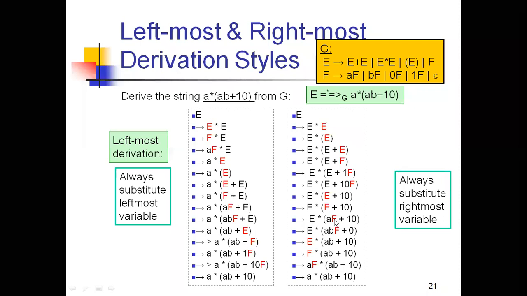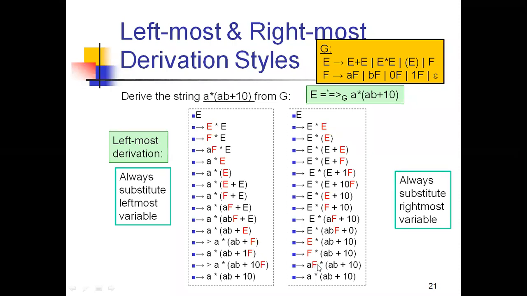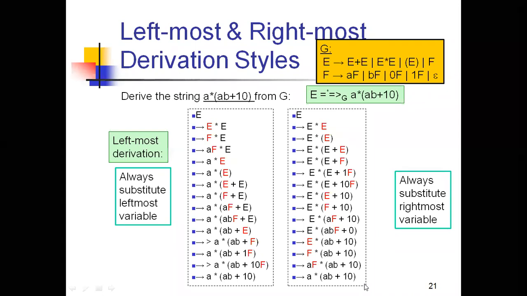In the place of F I substitute BF and then put epsilon, and here we get AB plus 10 open parenthesis closed, and here we left out E, and in the place of this E I put an F, and in the place of this E I put an AF, and I make F an epsilon, and finally I get the input string.